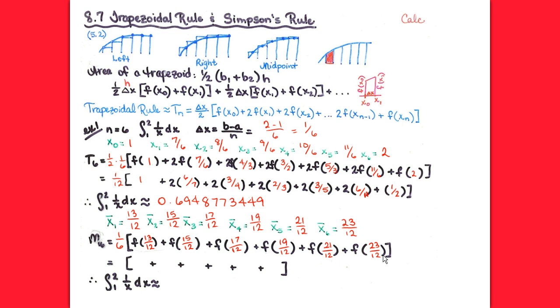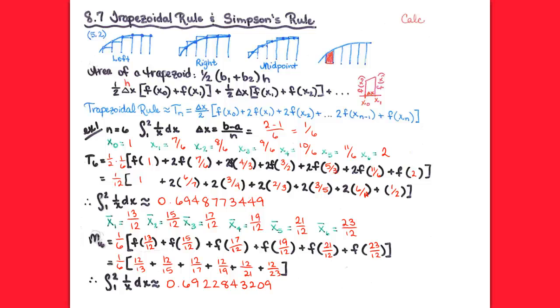And again, because our function was 1 over x, I would just get the reciprocals of each of those when I plug them into the function. I could do some tedious fraction work, but again, since that's not our focus, I'm going to put that into my calculator and I'll get an approximation using 6 subintervals and the midpoint rule.